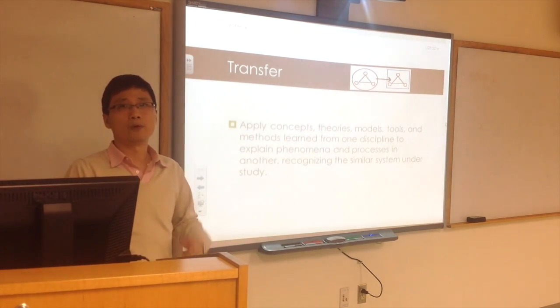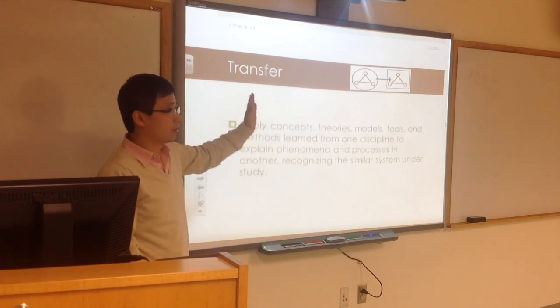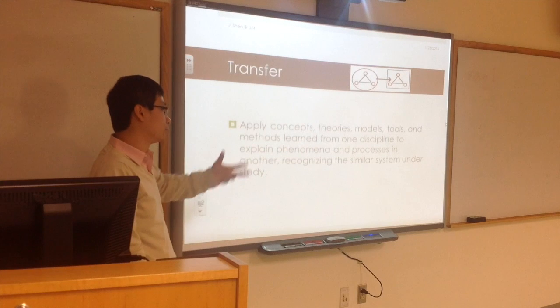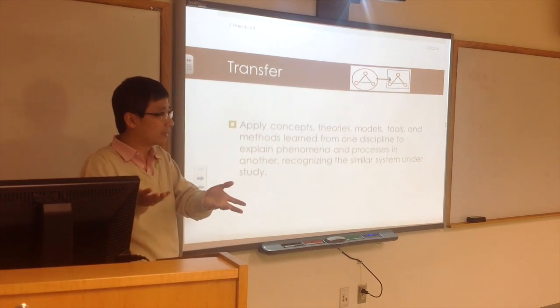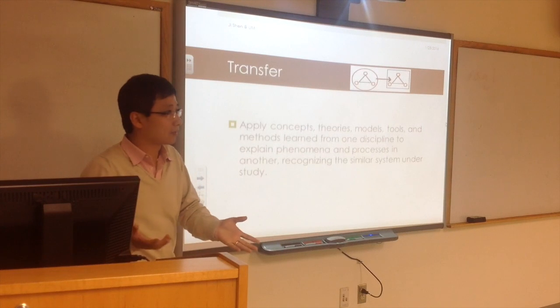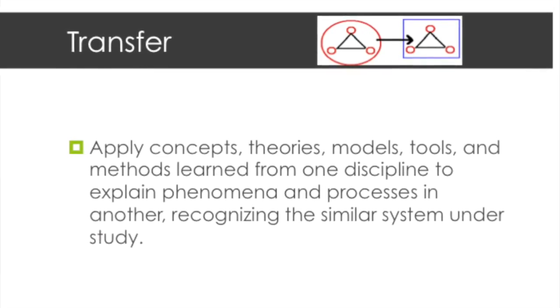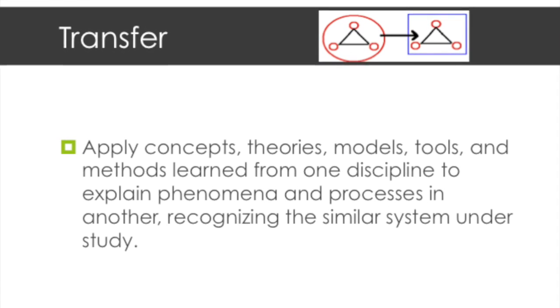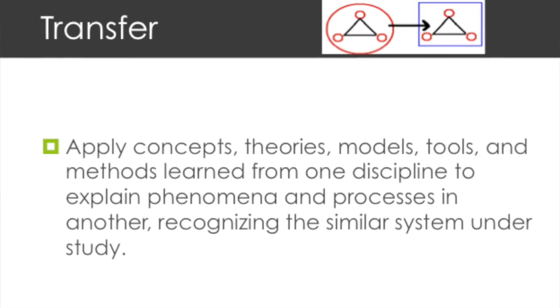So, for example, we've learned how to interpret slope in a math class. Now you're able to apply this knowledge to interpret motion, right, in a physics class. So you transfer what you learned from one context, one discipline in this case, to another discipline. Okay?